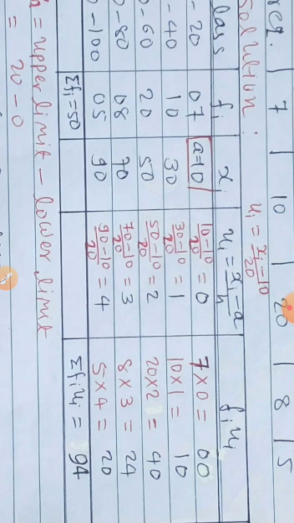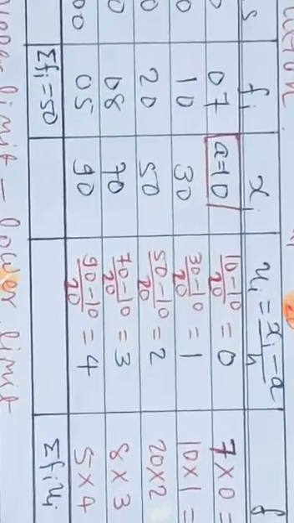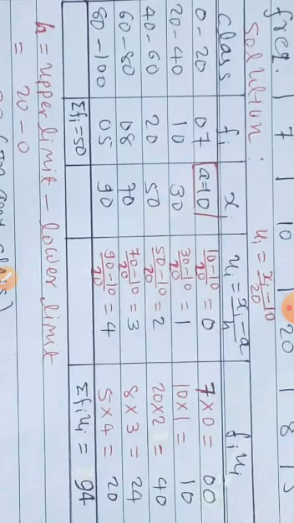Now fiui. Just like fidi, multiply fi and ui, but here again you have to be careful not to include xi, because the xi column is in between, it is sandwiched. So ignore that column or overlap that column, so that by mistake you cannot take xi's value.